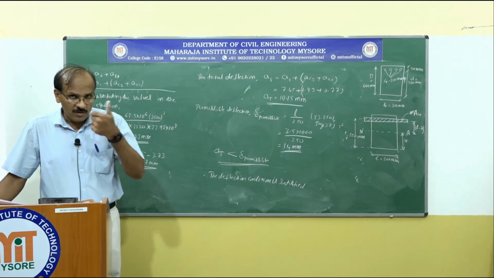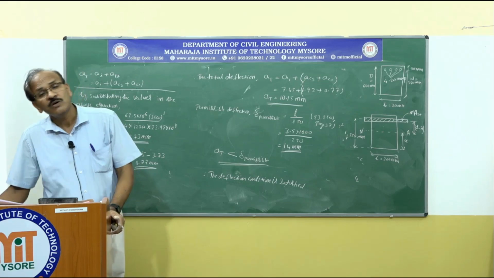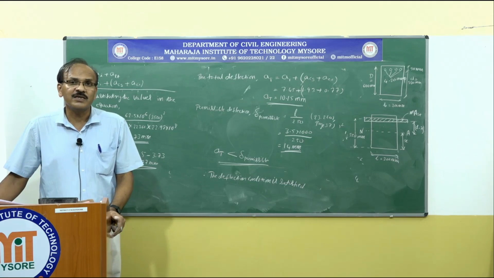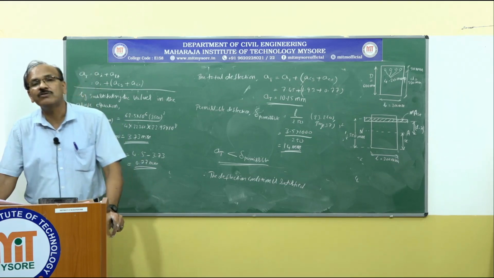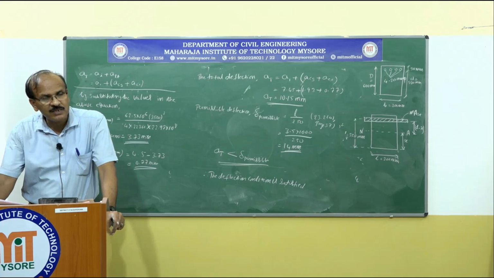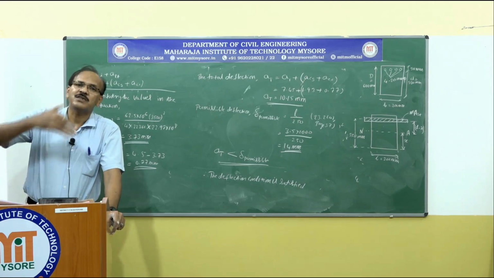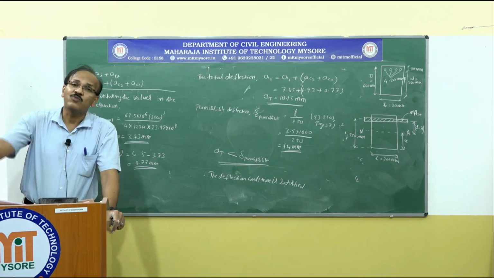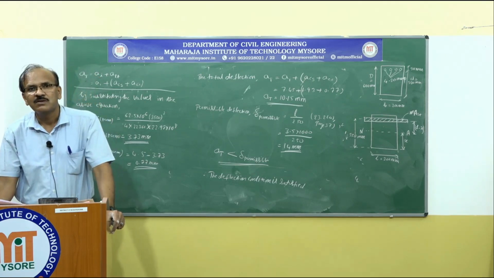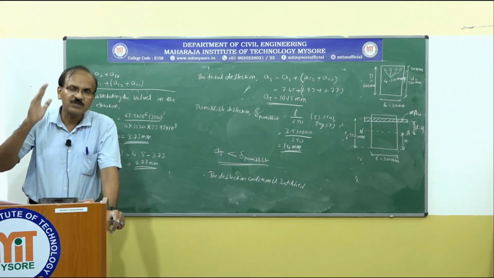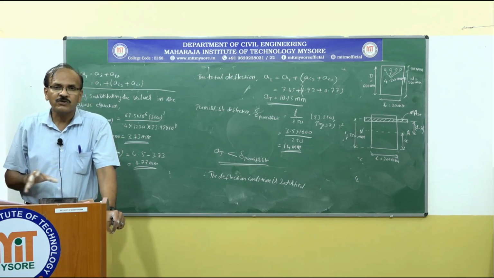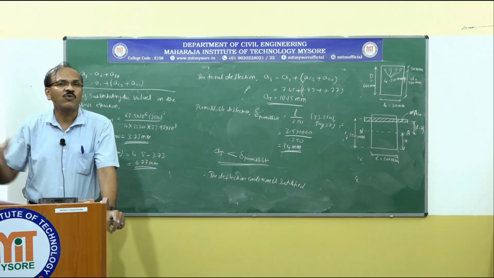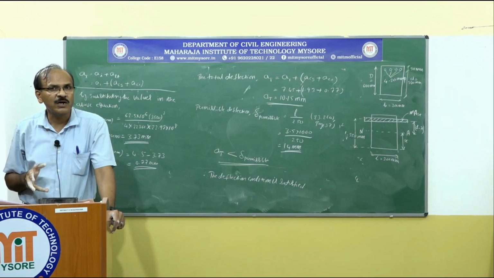Accordingly, the m value, that is the modular ratio, changes. Once the m value changes, in both the cases the depth of neutral axis changes. As a result, the moment of inertia changes, that is, the effective moment of inertia changes. So you should know what effective moment of inertia and what values you should substitute at what time.